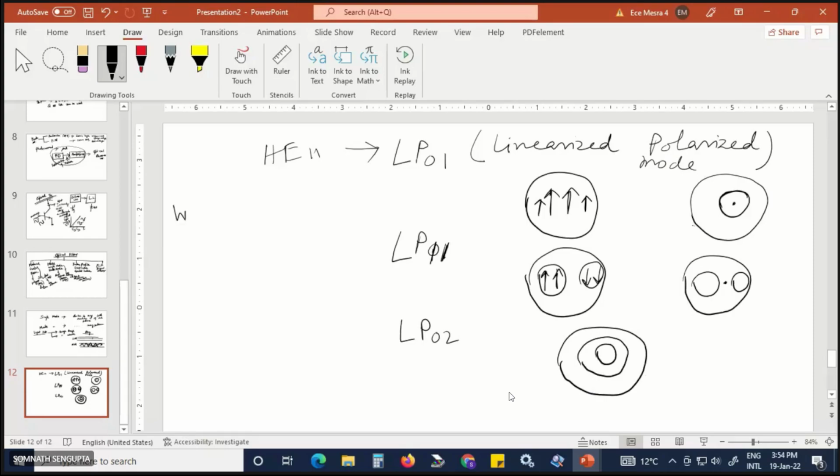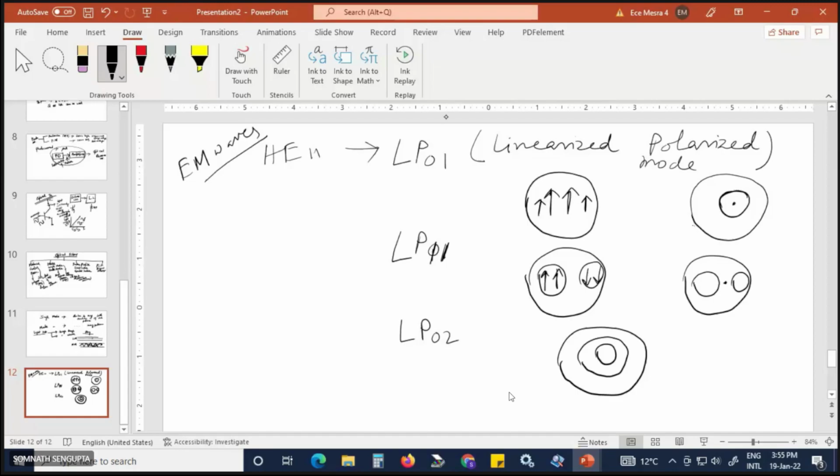So these are EM waves. When light propagation is explained or analyzed by means of electromagnetic waves, then we talk about modes. It is actually a certain electromagnetic field pattern.